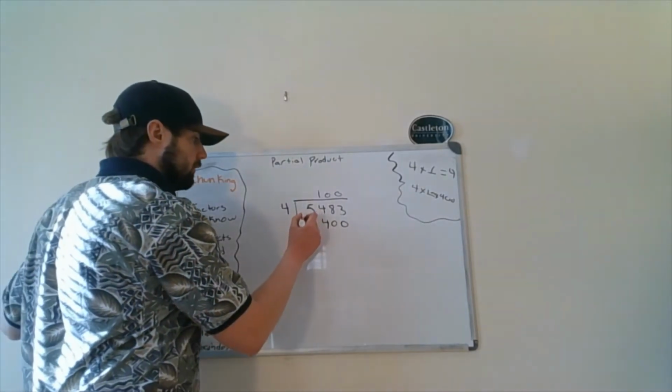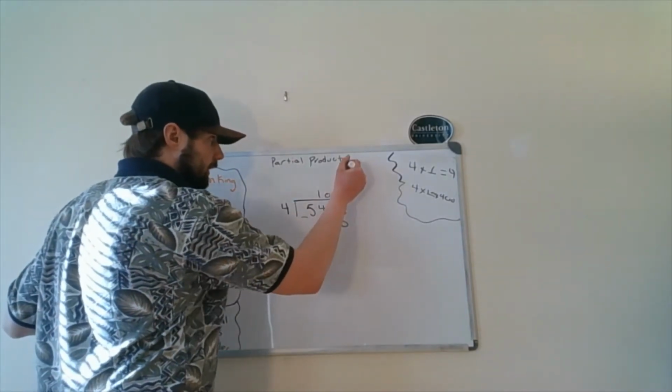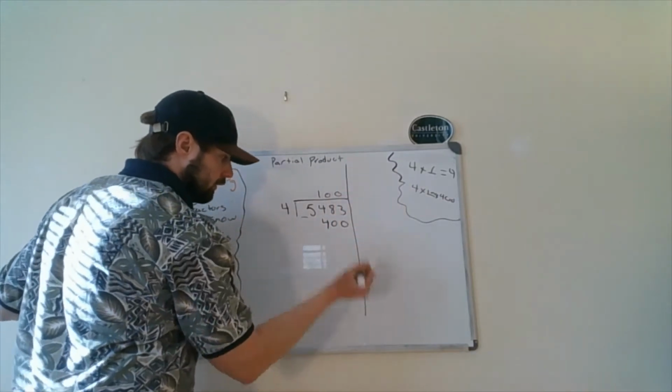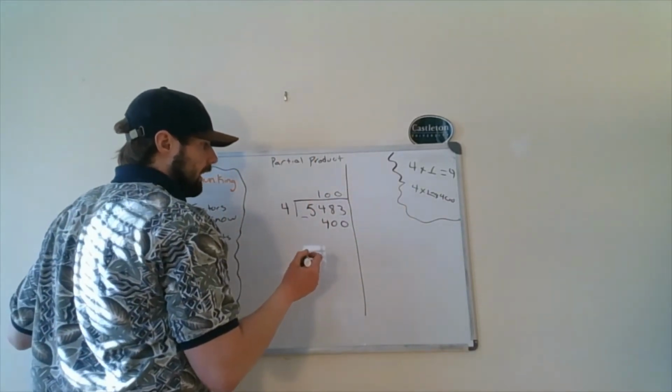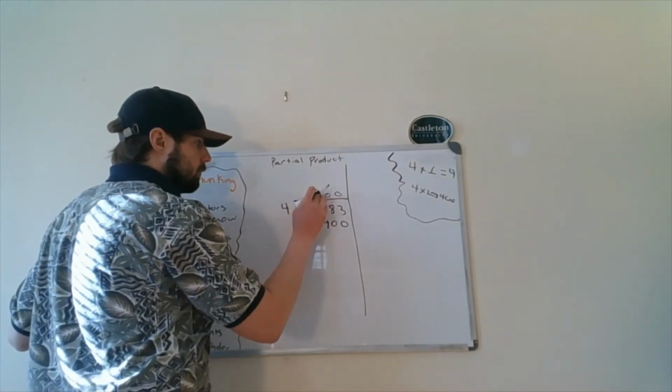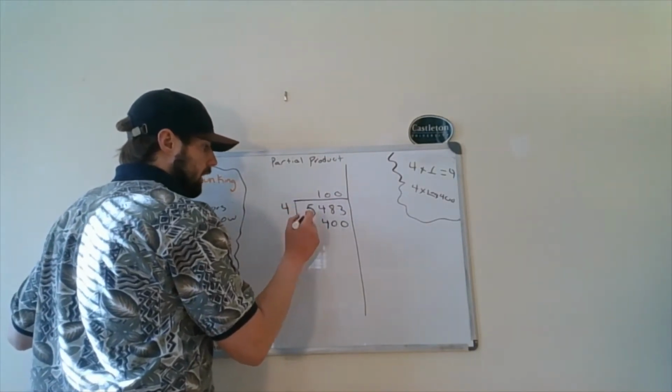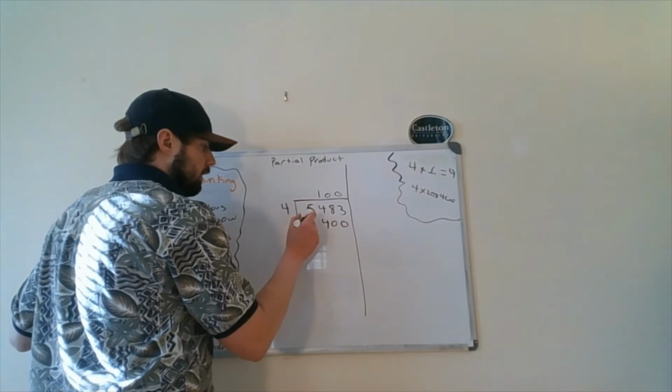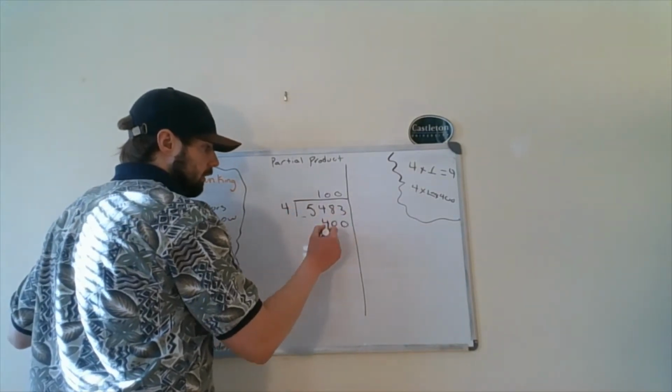Now I'm going to subtract. Oh, I forgot again, guys. There it is. Okay. We're all here. We just chunked. 4 times 100 is 400. I'm going to subtract it out. I'm going to regroup.